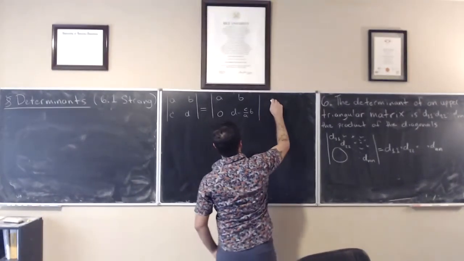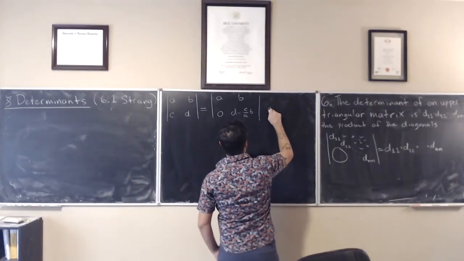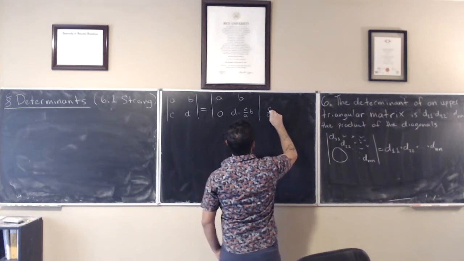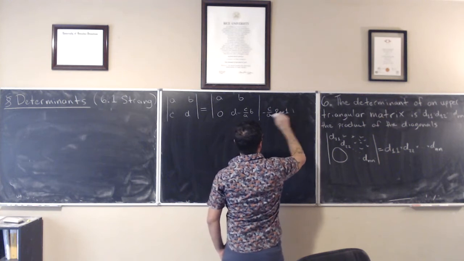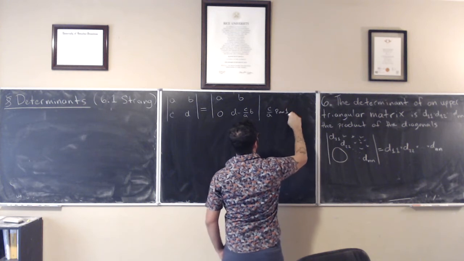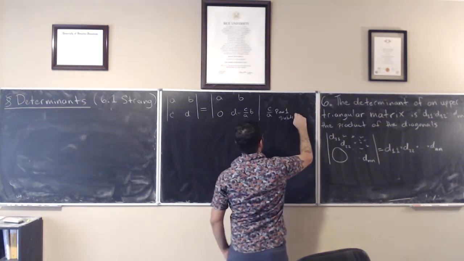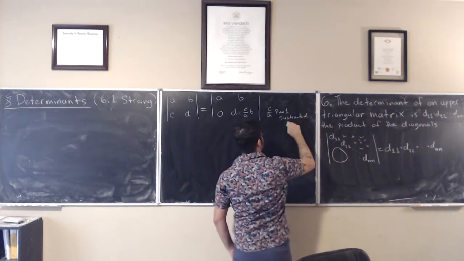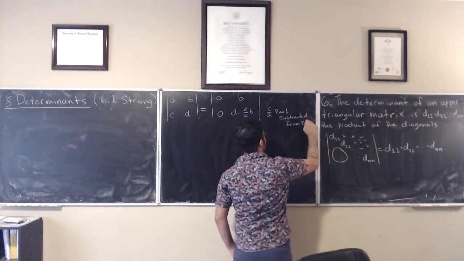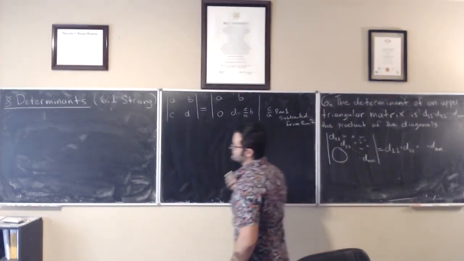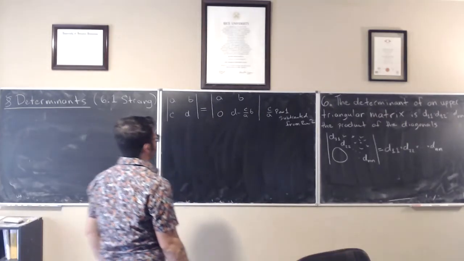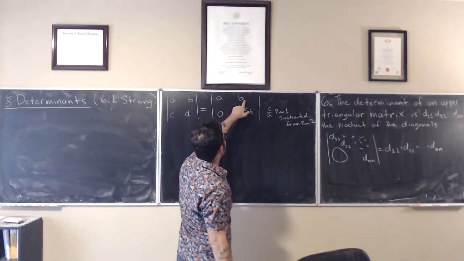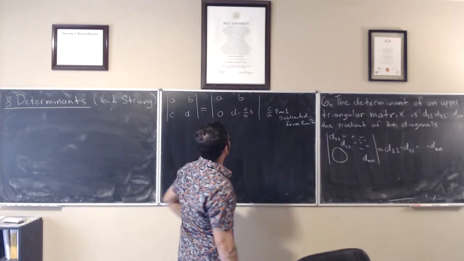So to get from there to there, I took C over A times row 1 and subtracted it from row 2. So that's how I get this new matrix, which I'm allowed to do. That doesn't change the determinant. So I get a 0 there. And now I want to make that a 0 above it.